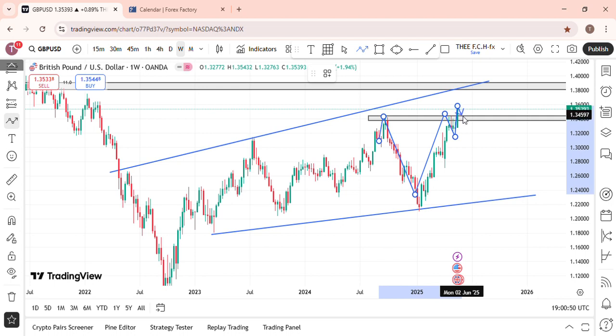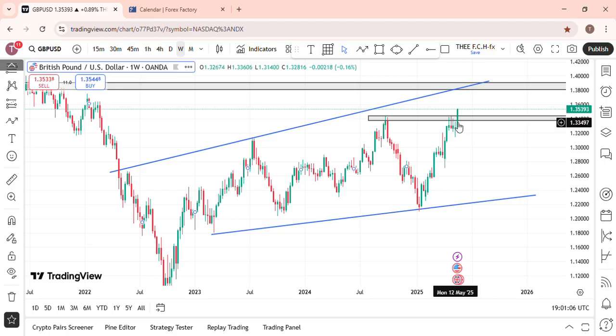What I expect this week is the market to come back a little bit before it continues with the buy. So that is my view from the weekly time frame, and high probability is the market to come to the high of last week but one, which is this one, right?